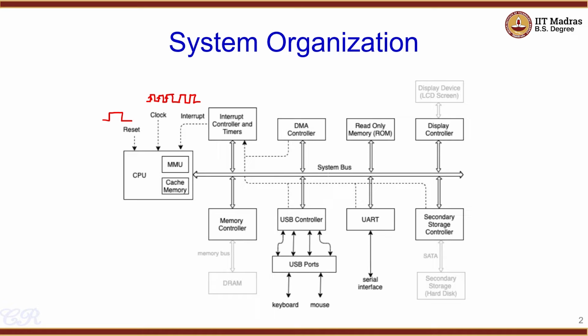So just to take an example, let's say we have a keyboard connected to a USB controller, and when a key is pressed, this keystroke would then interrupt the CPU, and now the CPU knows that it needs to read the keyboard and identify which key has been pressed, right? So many of the peripherals communicate with the CPU through interrupts, right?